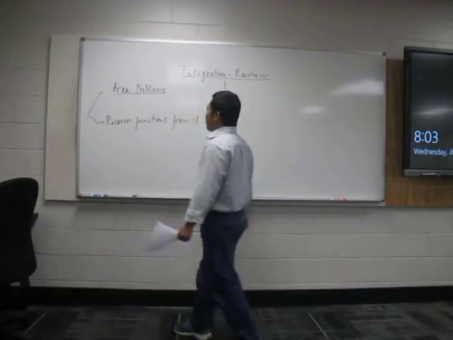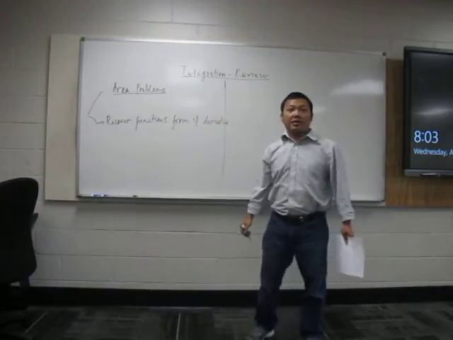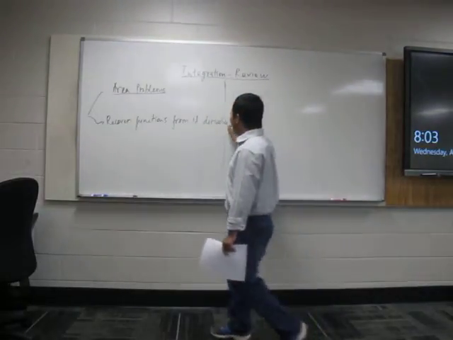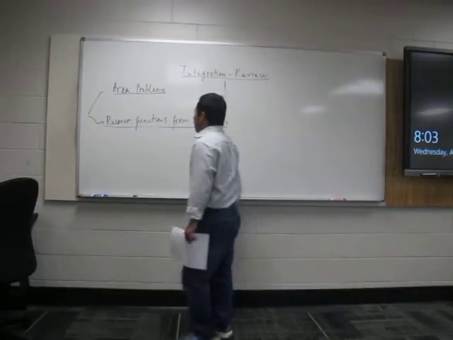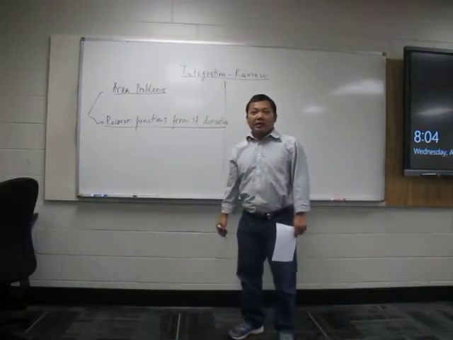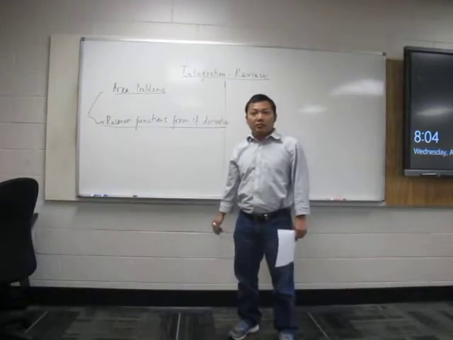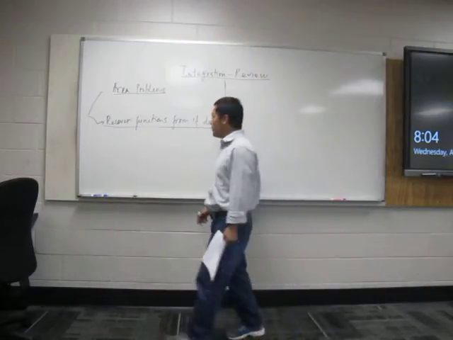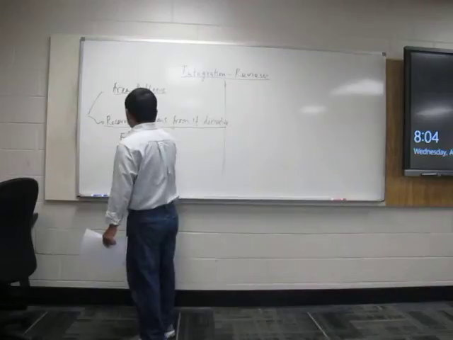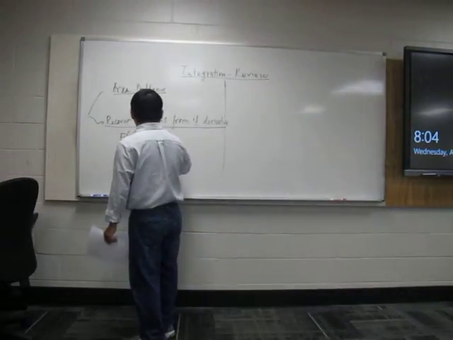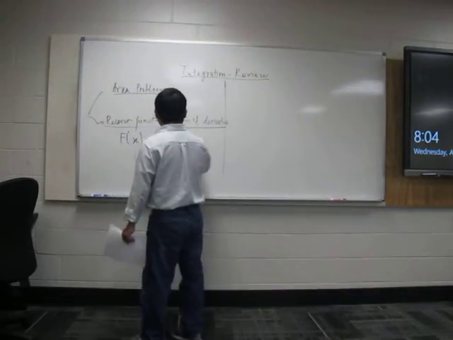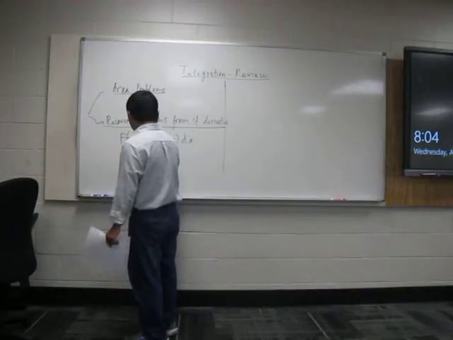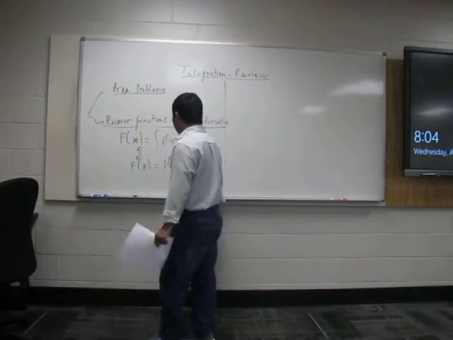So there are 2 motivations in this chapter. The second problem, we don't have any integral limits, so we study antiderivatives. F(x) equal to the antiderivative of this function is equivalent to F' equal to f(x).